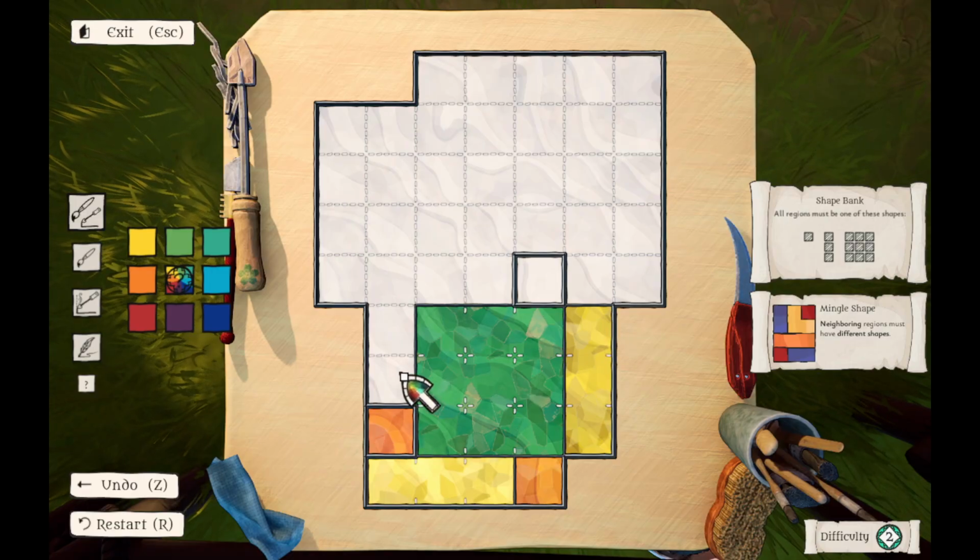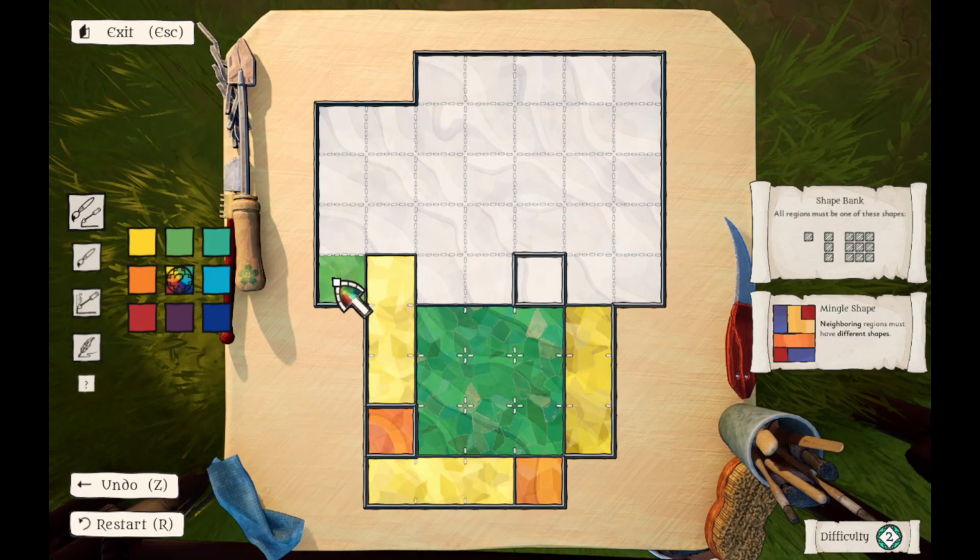That has to be a 3 by 1. That has to be a 3 by 1. That has to be a 1 by 1. Give me orange.